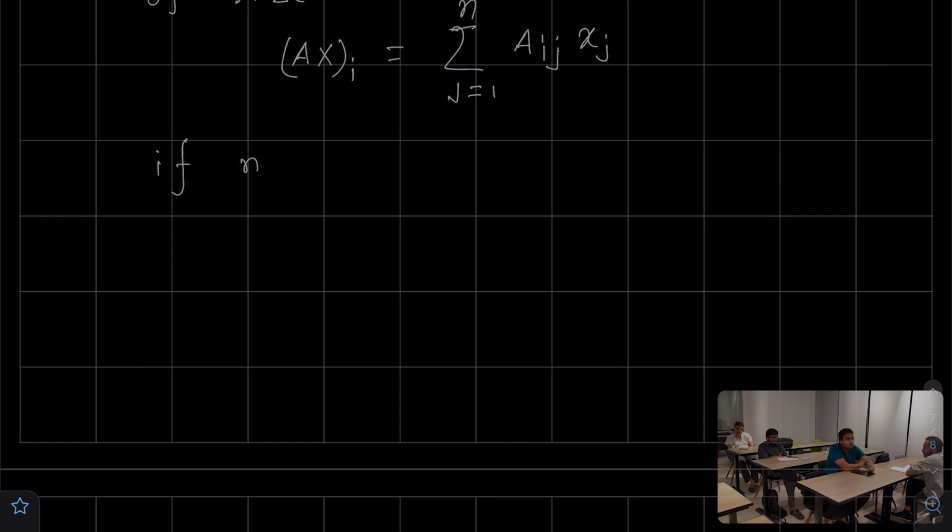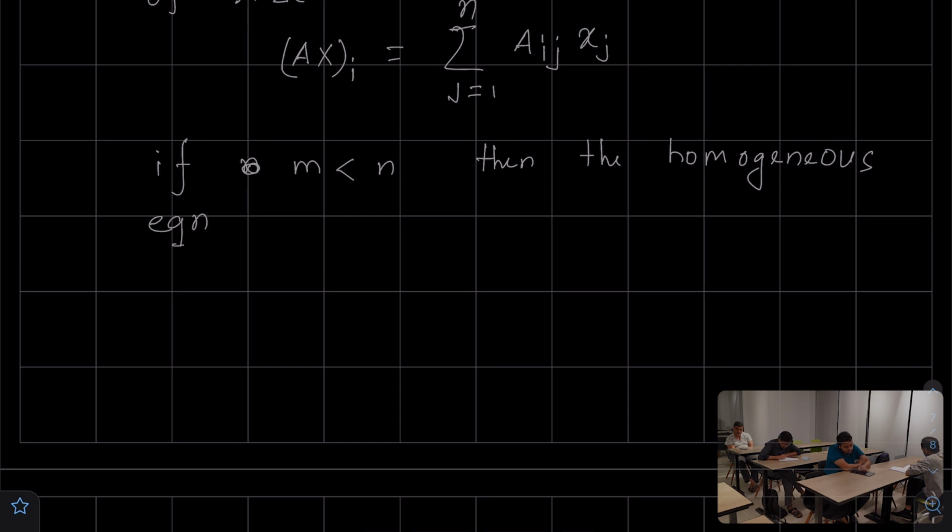Previously, we proved that if m is less than n, then the homogeneous equation Ax equal to 0 has a non-trivial solution, right?